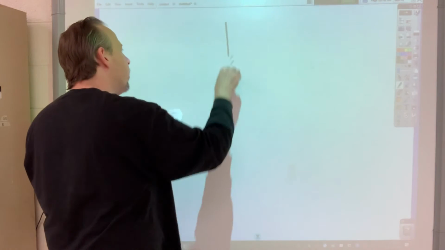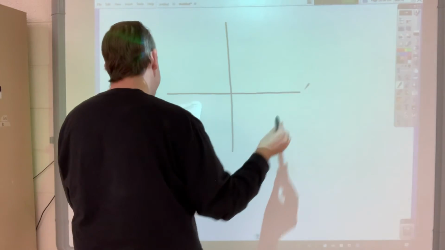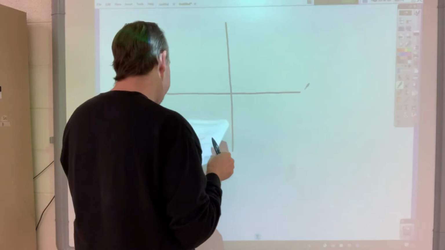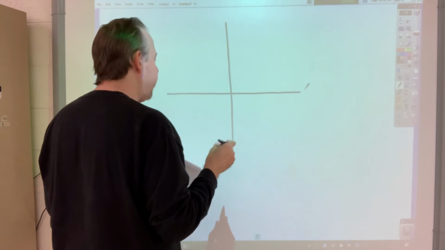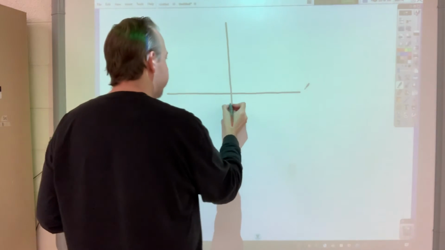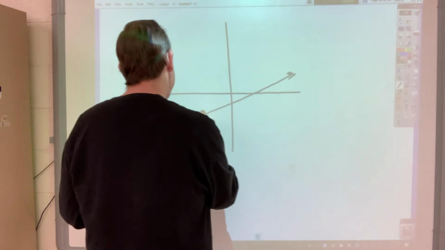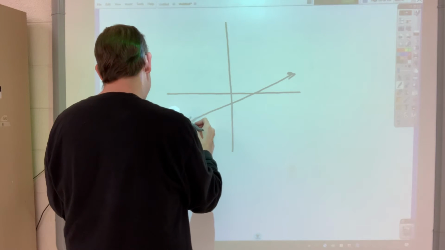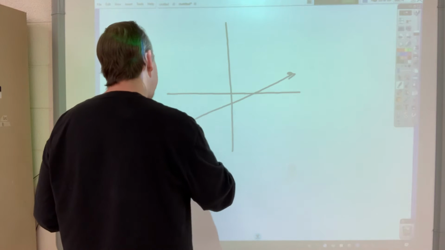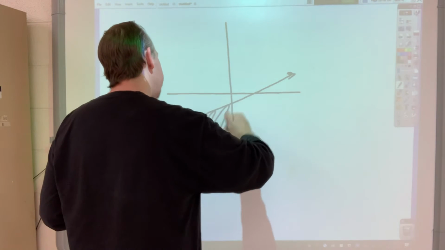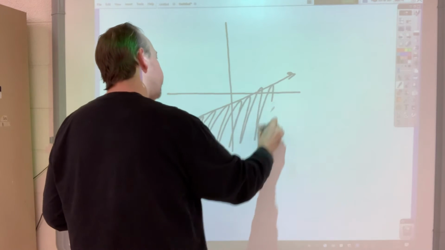I know I didn't give you a coordinate grid, but if you had sketched one, 1/2 x minus 1 means it's climbing slowly and it goes through a negative y-intercept. Let's just say that looks like the line, and it also says less than or equal to, so it's got shading in these quadrants.